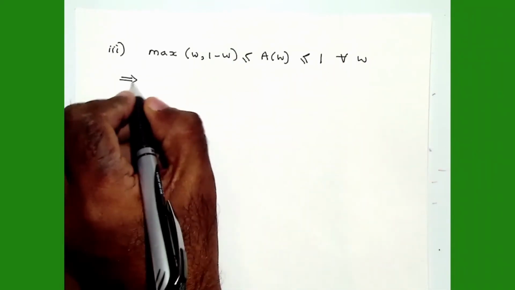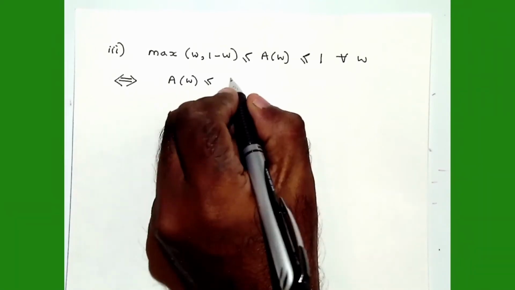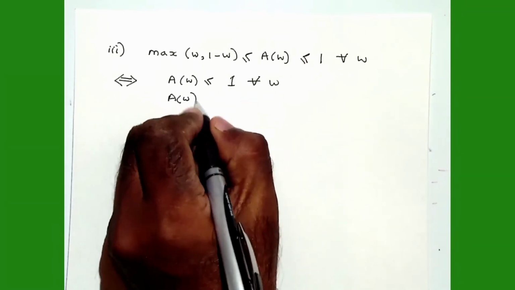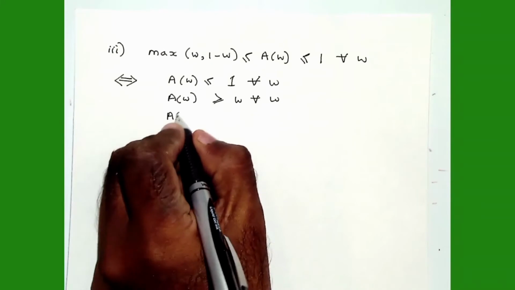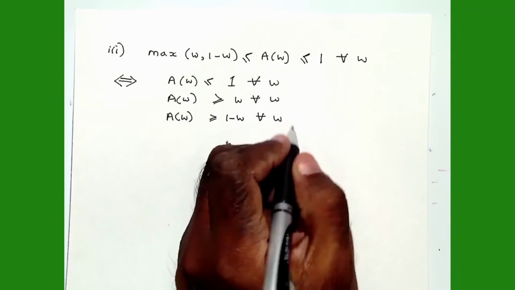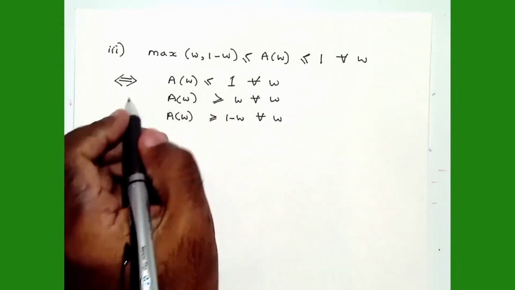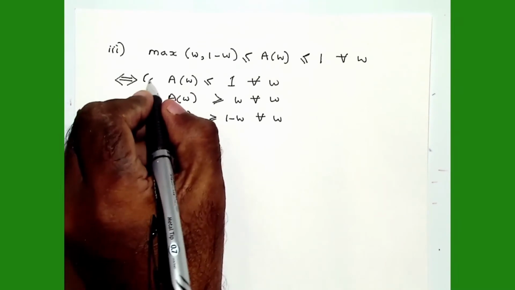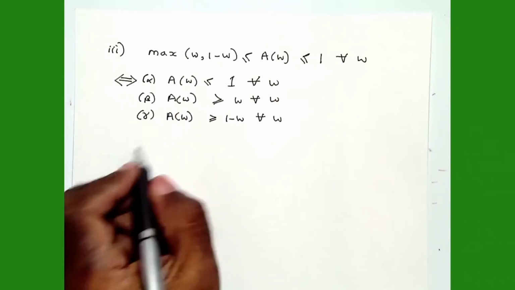This is the same as saying that A of w must be less than or equal to 1 for all w, A of w must be greater than or equal to w for all w, and A of w must be greater than or equal to 1 minus w for all w. So we need to show each of these. Let me call these alpha, beta, and gamma. I want to show each of these.